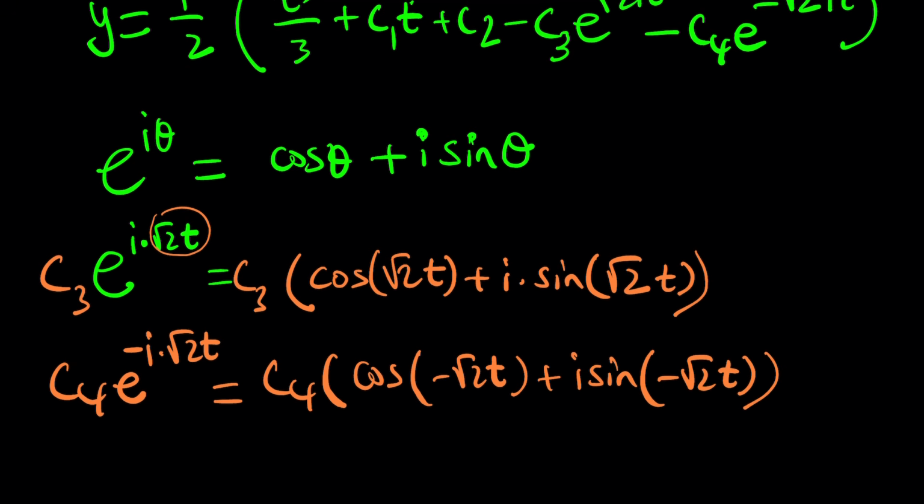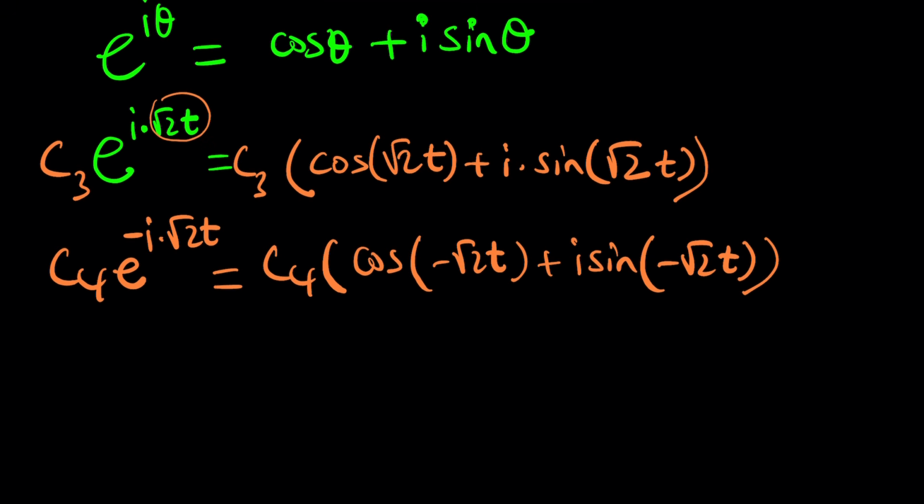And guess what you can do from here? Because cosine is an even function, you can put these two together. This is going to be a positive sign, and you can name c3 plus c4 just another constant. There's a way to write this a little bit differently. You can also absorb this i into the other constant.